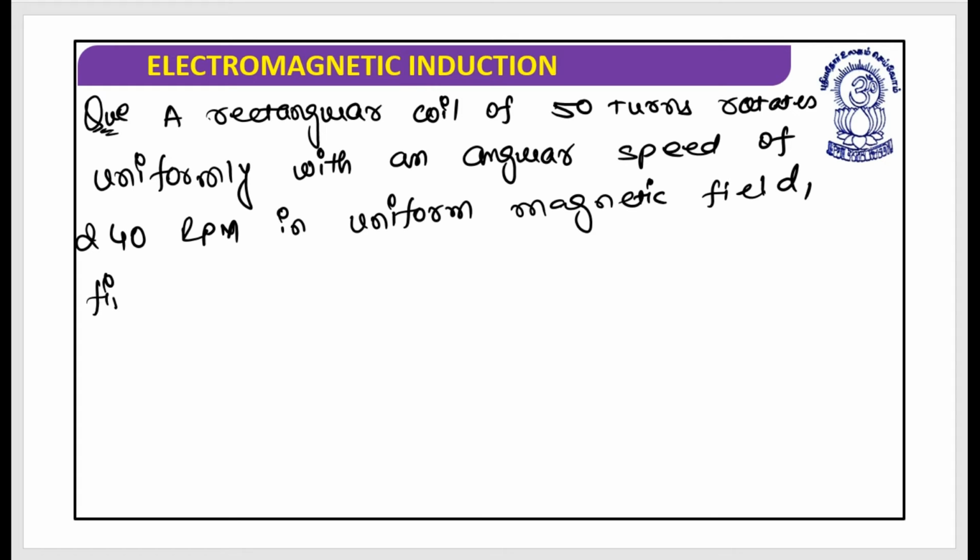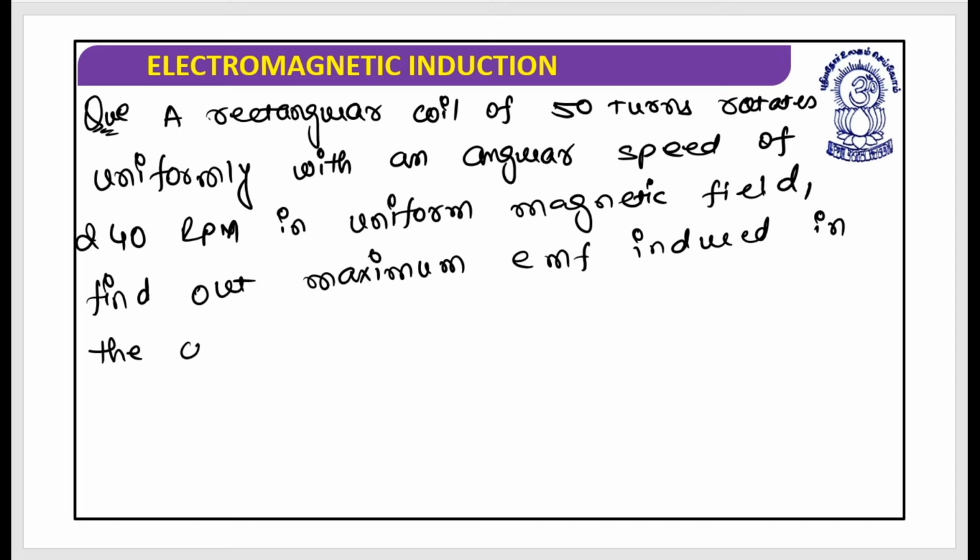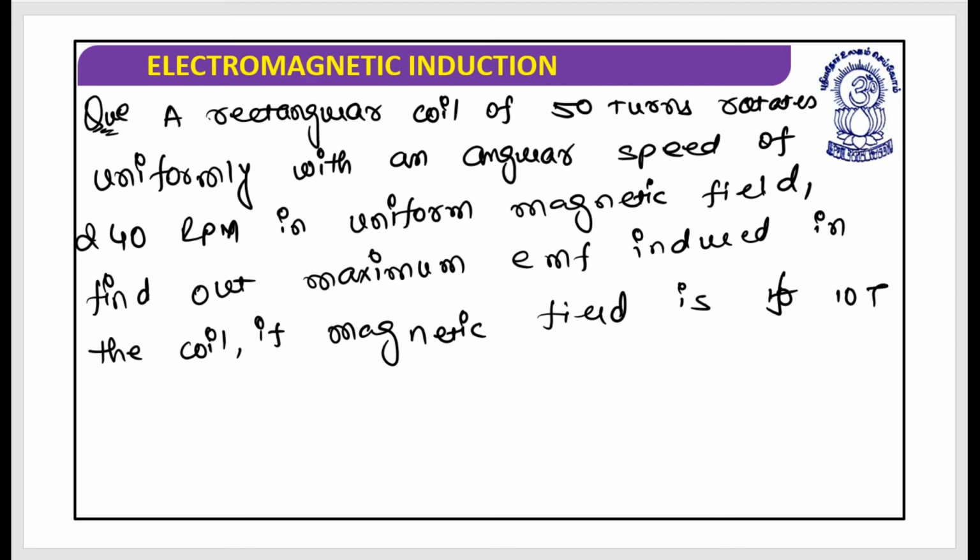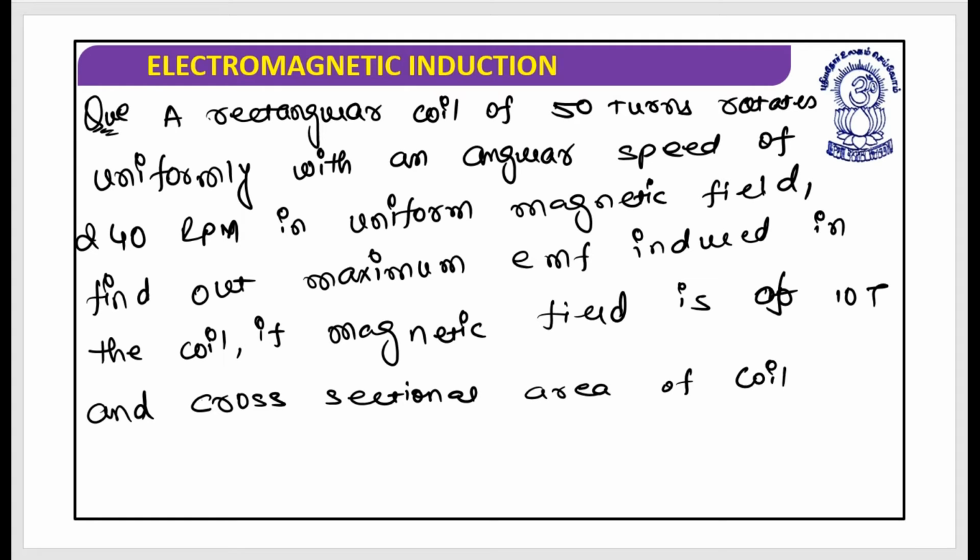Find out the maximum EMF induced in the coil if the magnetic field is of 10 Tesla and the cross sectional area of the coil is 50 centimeter square.